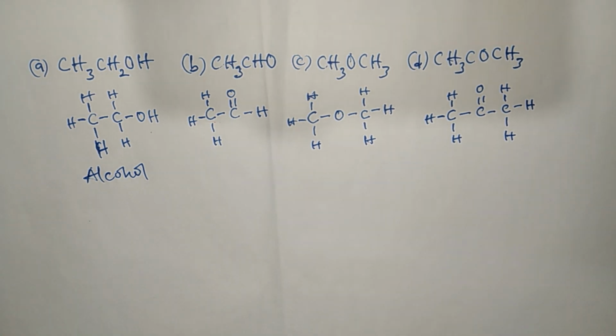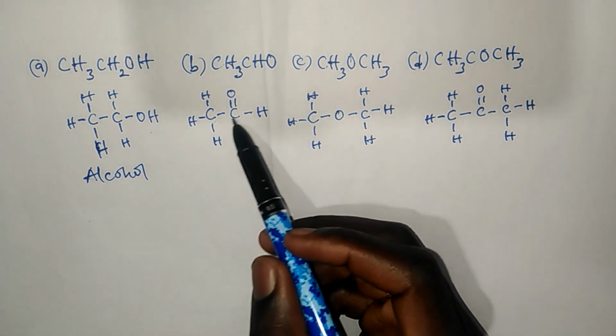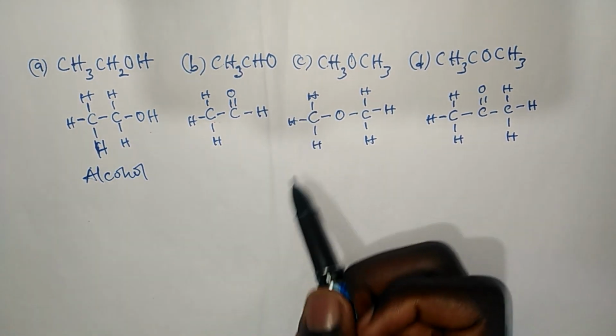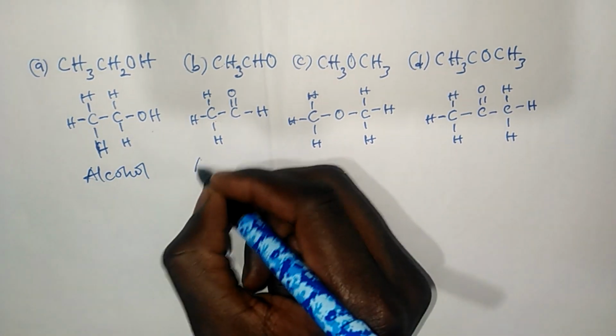For B, whenever you see a carbon carrying a carbonyl group at the end of the chain, the carbonyl group being a carbon that is double bonded to an oxygen, and a hydrogen at the end of the chain, it is referred to as an aldehyde. A carbonyl at the end of the chain is referred to as an aldehyde.